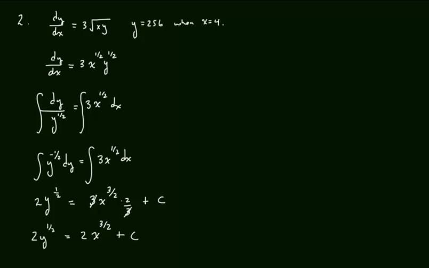I'm going to do something a little bit different here, which is different from the other examples. I want to show you that you can solve for c at different points along the way. If I solve for c now, this is prior to getting y by itself, I can say that 2 times the square root of 256 equals 2 times 4 to the 3/2 power plus c.